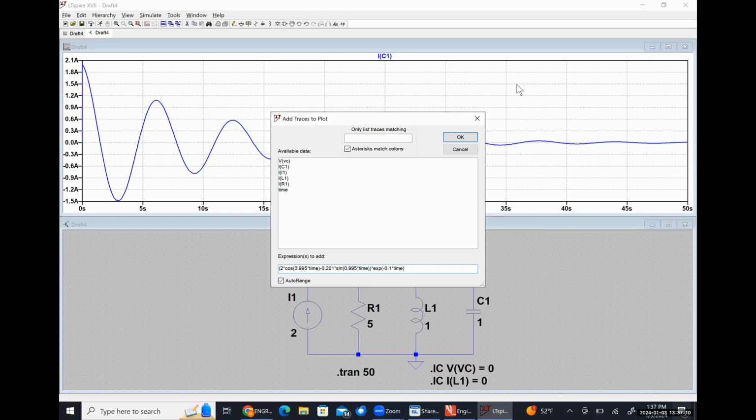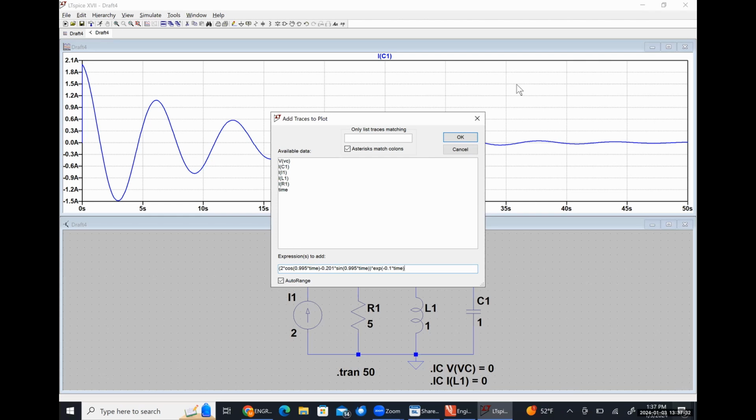Is that the expression that we got? My coefficient for my cosine term was 2. Omega d was 0.995. The coefficient for my sine term was negative 0.201. Omega d still 0.995. Alpha was negative 0.1.